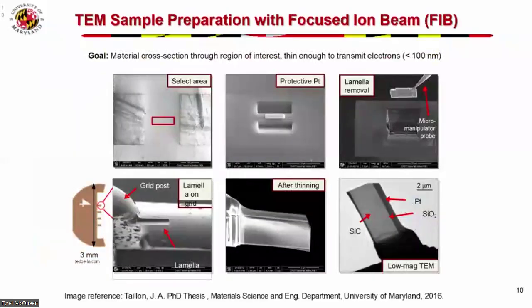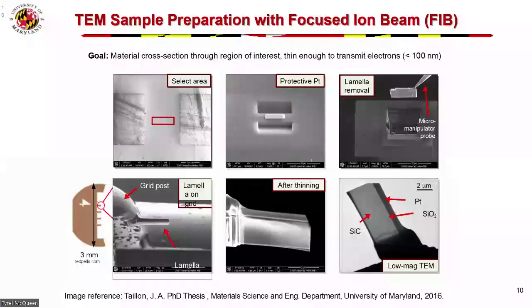Yes, of course, there's always that possibility of damage. In general, especially at this stage, we go to lower and lower voltages and currents to minimize the damage. But there's always maybe a very thin layer of damage at the surface. The reason we deposit this platinum layer here is for protection, because the ions are coming basically in the normal direction to the sample.